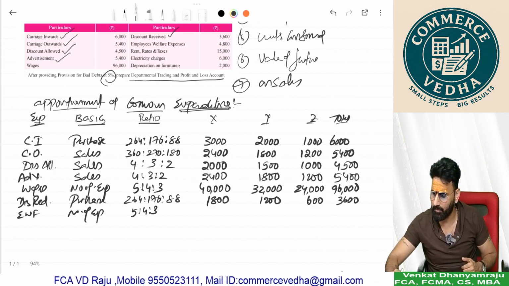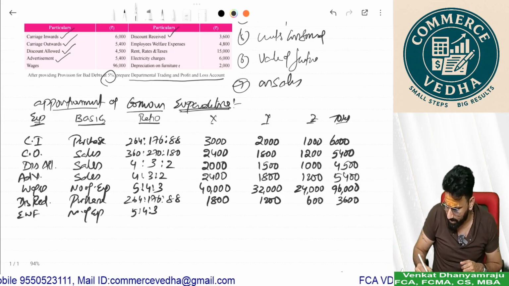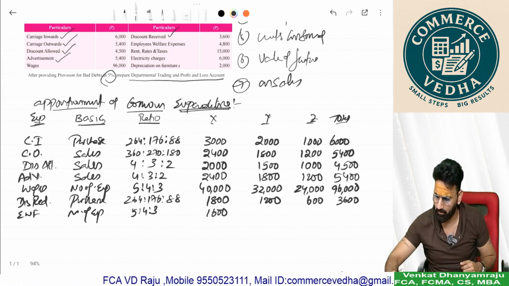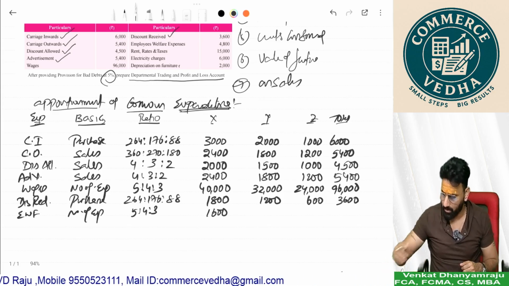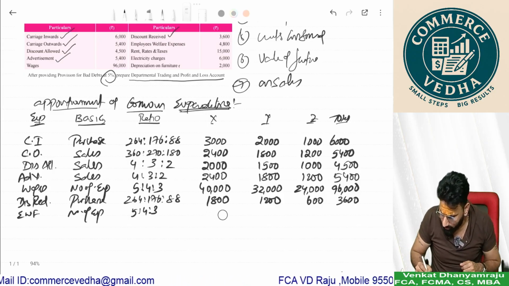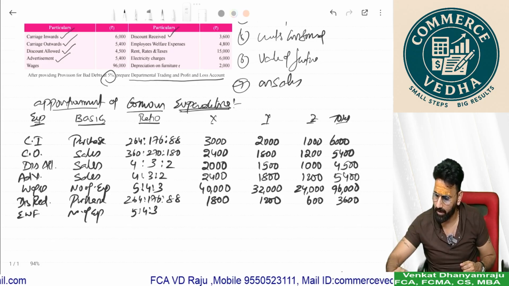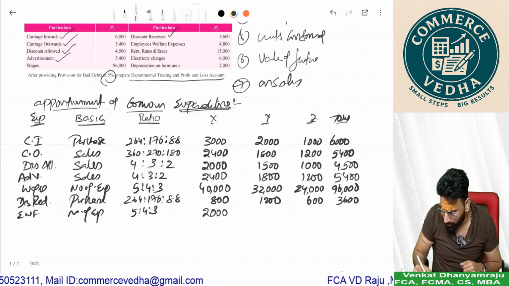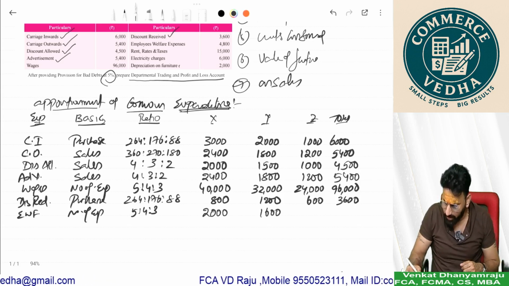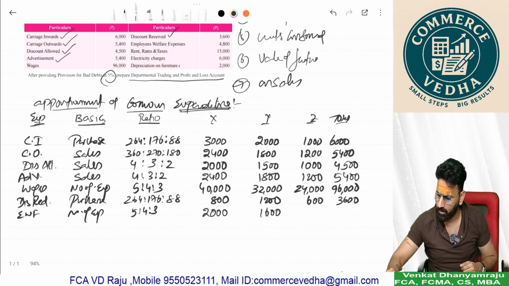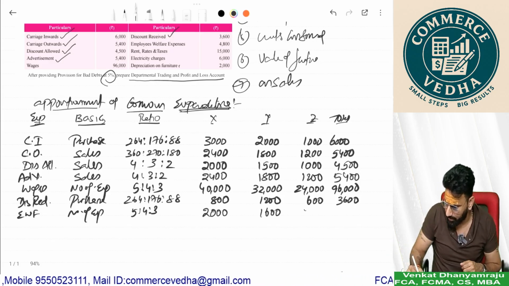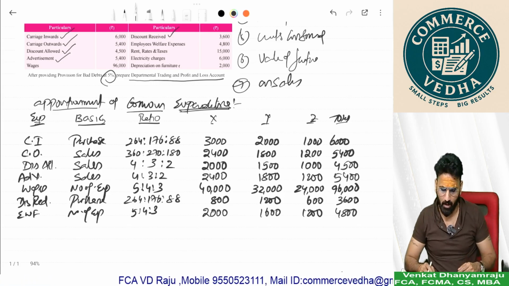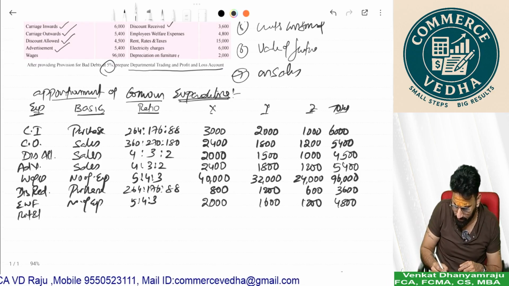So 4800 by 12 into 5 is 2000, 4800 by 12 into 4, 1600, and 4800 by 12 into 3, 1200. So 2 plus 16, 3, 6 plus 12, 4800.